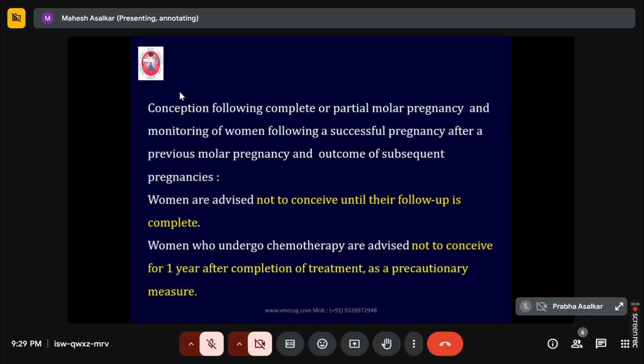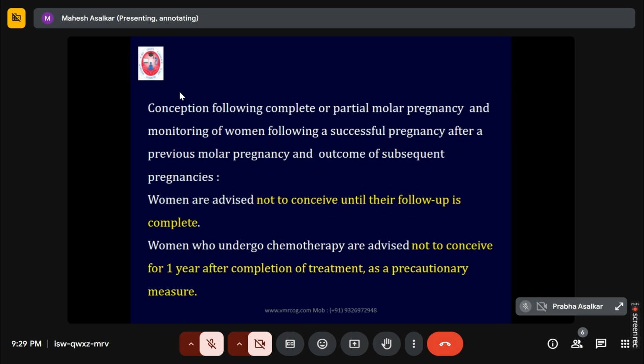If the patient does not require chemotherapy, during the follow-up the patient should not conceive, so you have to advise contraception. But if the patient has required chemotherapy, then they should not conceive for 1 year after the completion of the treatment as a precautionary measure.